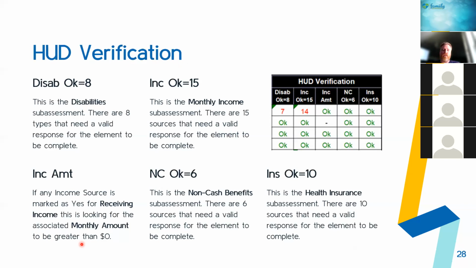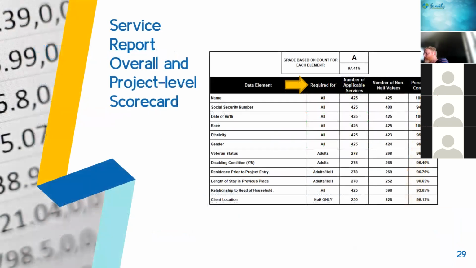Is there an amount, the monthly income, the monthly amount recorded for each income source that's greater than 0? You said they're receiving that income. It just wants to make sure it's in there because, again, we do measure income, we report on it. It factors into eligibility. So if you mark them as receiving that income, just make sure an amount is recorded.